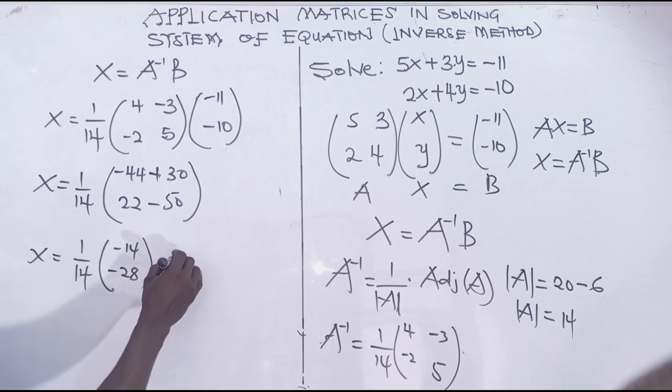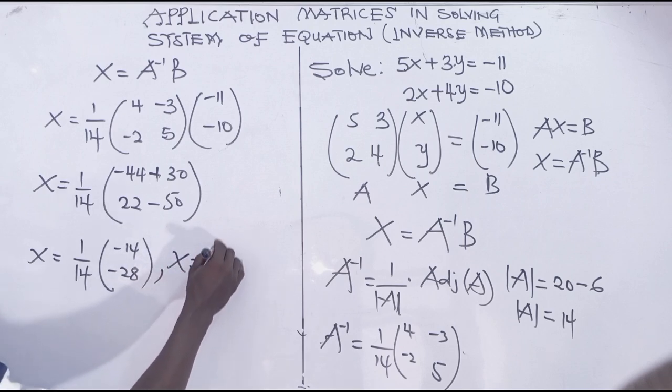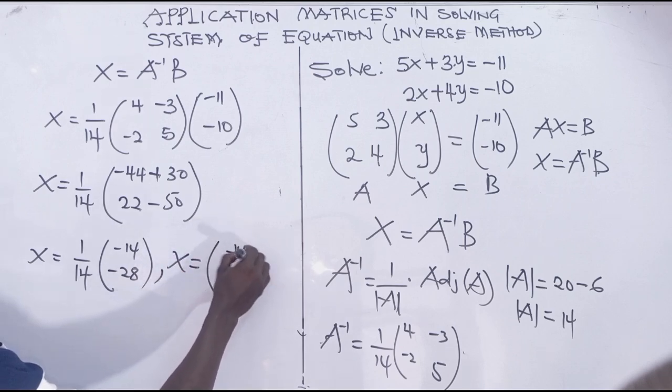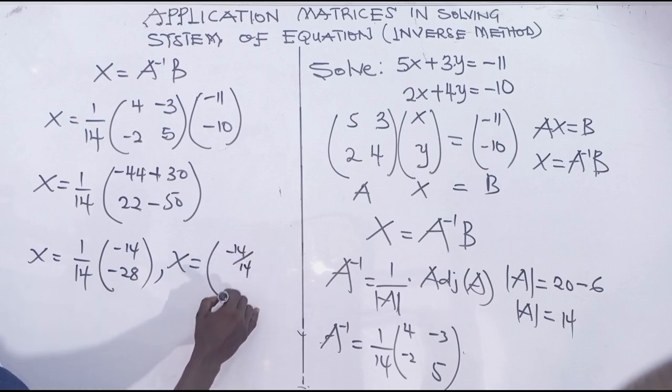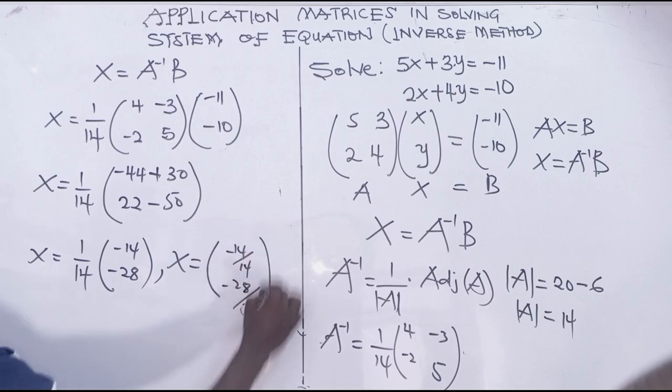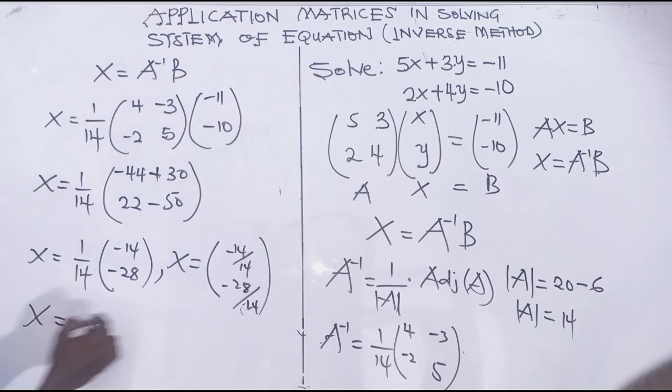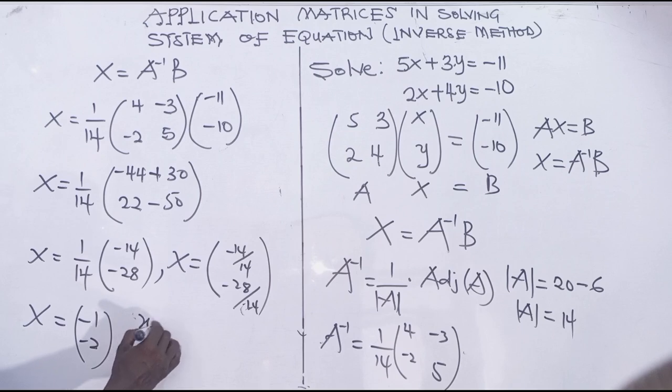So we have our x equal to negative 14 divided by 14, and negative 20 divided by 14. So we have our x equal to minus 1, and then minus 2. So from here we can see that our x is equal to -1, and y is equal to -2.